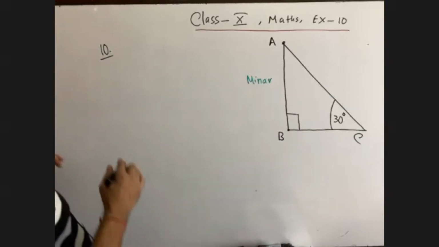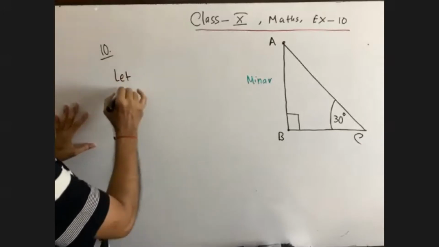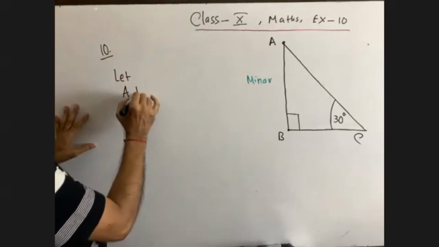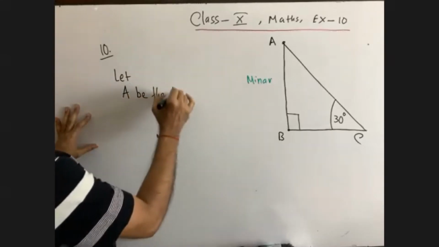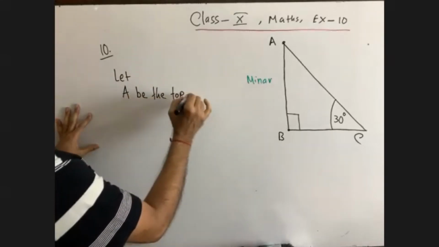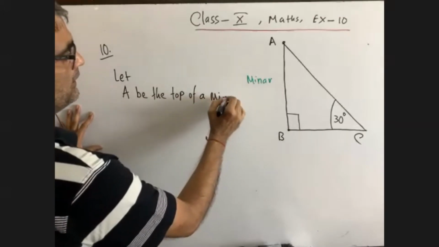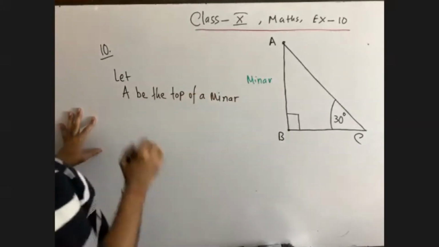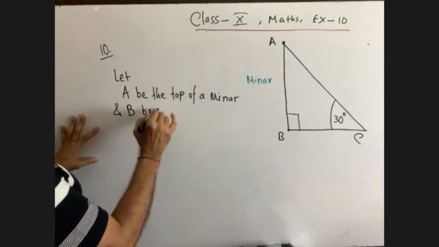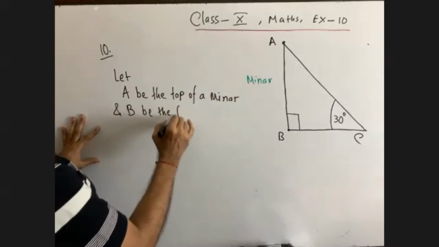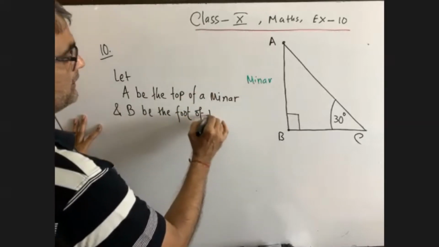So I can write it, you see, let me write down in this way: A be the top of a minar and B be the foot of the minar.